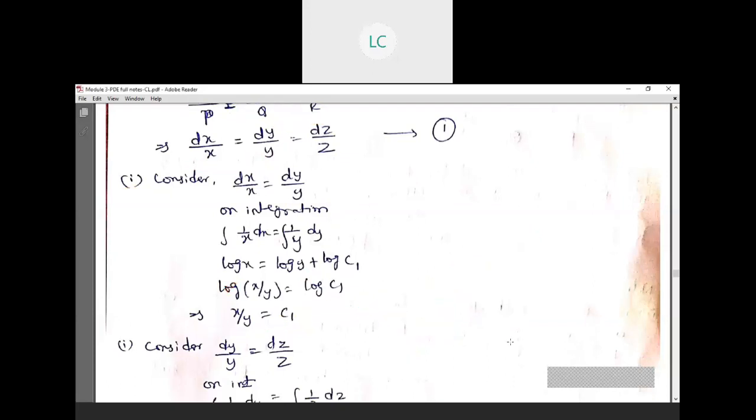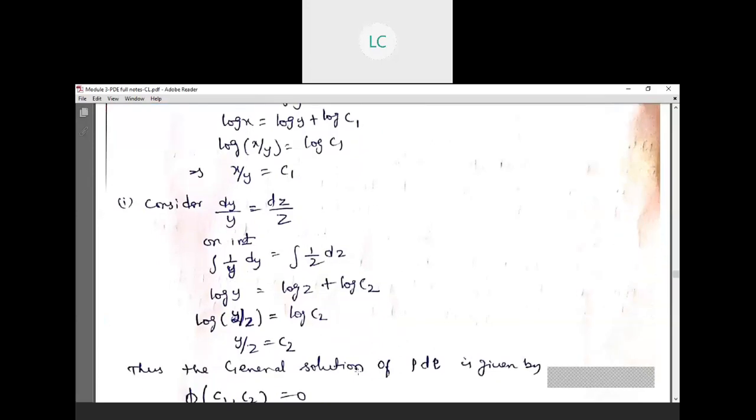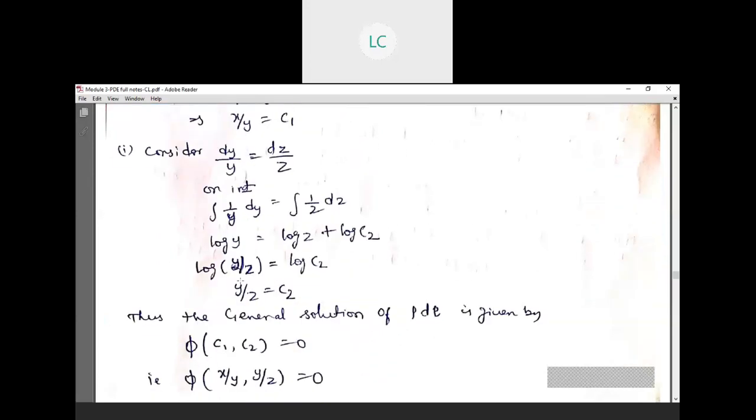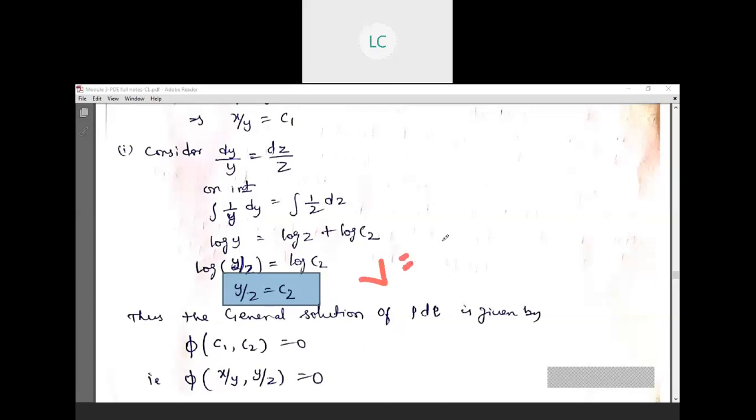If we integrate this, dy by y, dz by z, we get log y equal to log z plus log c2, constant. Log y minus log z is log y by z equal to log c2. So log will eliminate, we'll get y by z is equal to c2. Here y by z represents v. So v is equal to y by z.